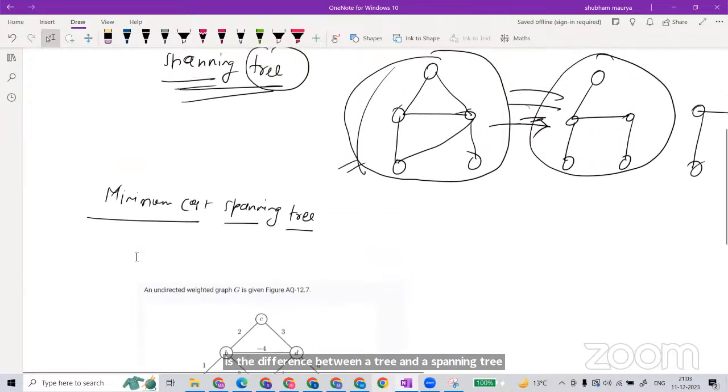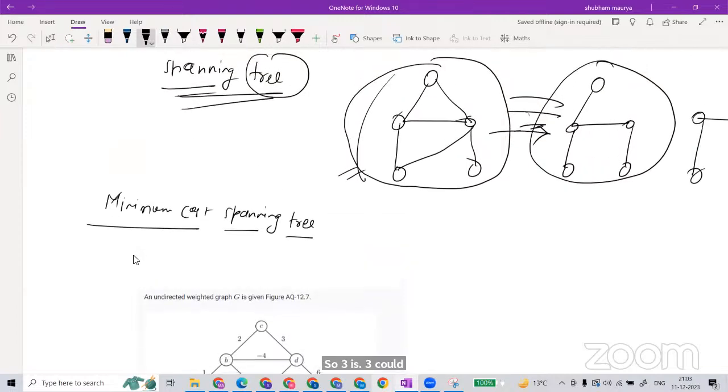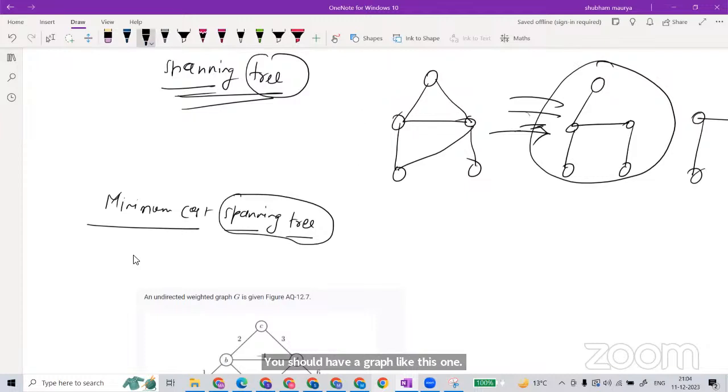So a tree could be anything, like this is a tree. The definition is that a tree is a graph which is connected and does not contain any cycle. But for a spanning tree, you should have a graph like this one, and from this graph we'll try to find a tree which is a subgraph. That's the meaning of spanning tree.